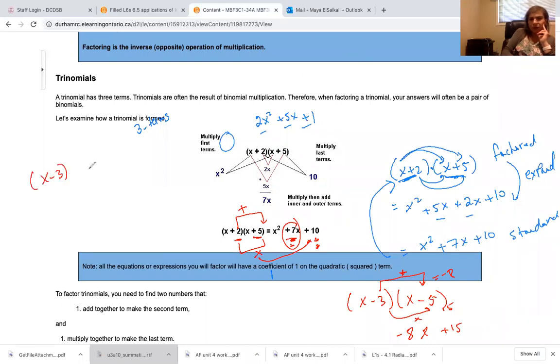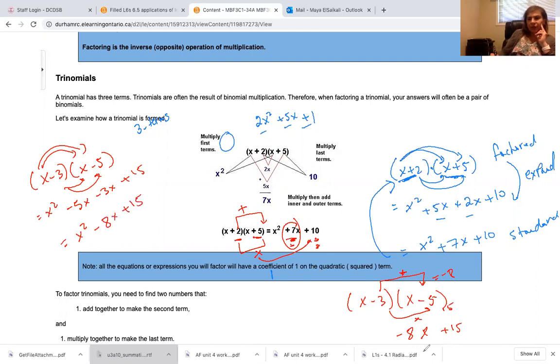I have x minus 3 times x minus 5, and then we're going to expand. That's going to give me x squared minus 5x minus 3x plus 15, and that gives me x squared minus 8x plus 15. I guessed that, you see? So basically, this middle term is the sum of these two numbers, and the last term is the product. Product means multiplication of these two numbers. All right, so keep that in mind.